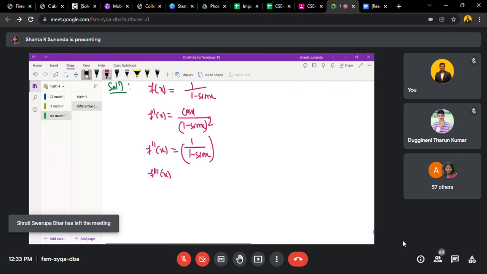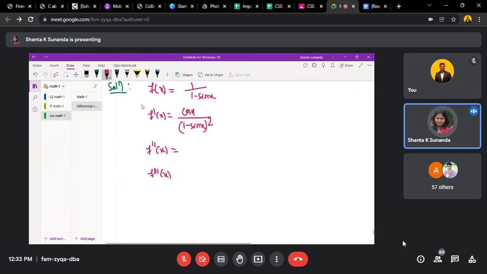So how much is the second order derivative? The denominator is 1 minus sin x whole square. In the numerator, 1 minus sin x into minus sin x, plus 2 cos square x.